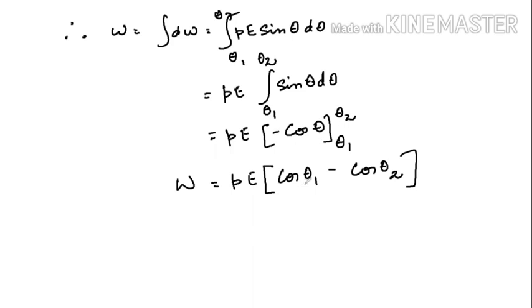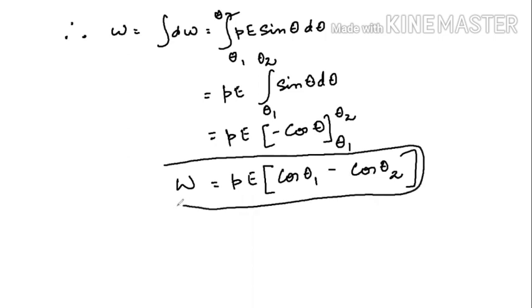Finally you get the expression cos theta 1 minus cos theta 2. So this is the amount of work done in rotating the dipole from angle theta 1 to theta 2.